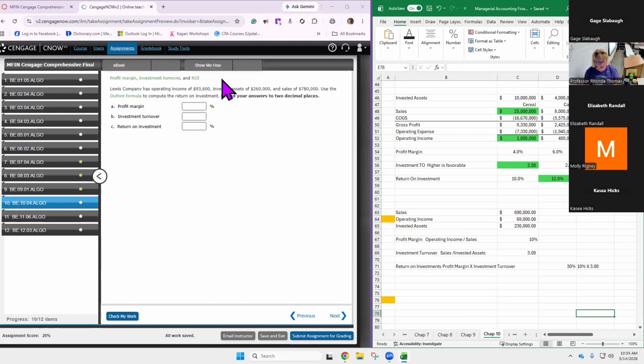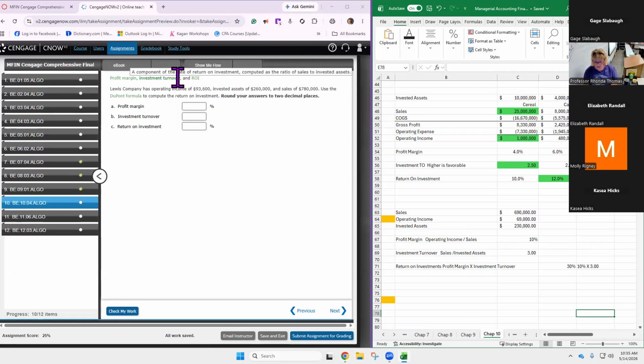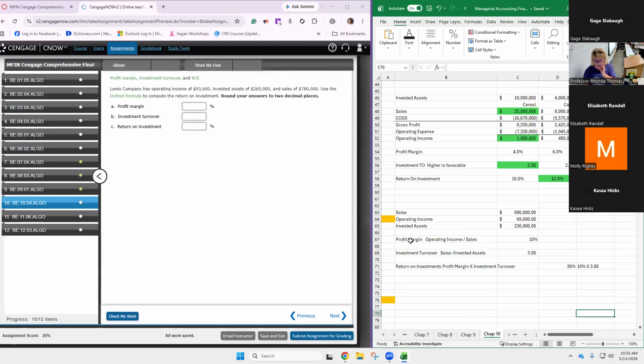Here's how it's computed. It's a ratio, okay? The ratio for the profit margin is operating income divided by sales. Operating income divided by sales. So I went ahead, I have operating income here of 93,600.